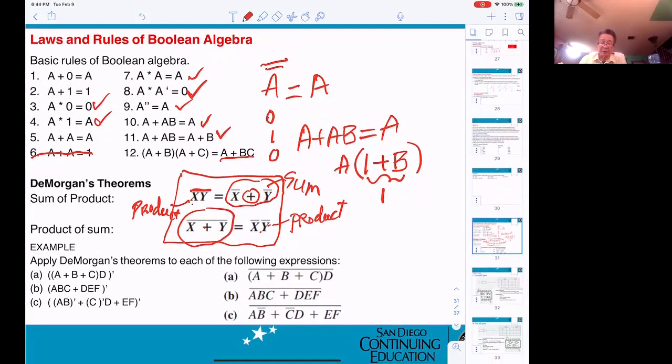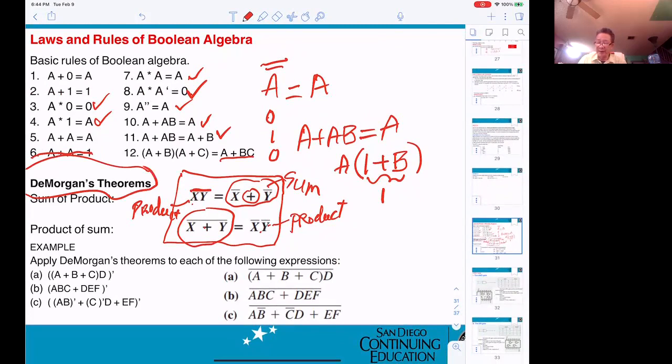Okay, so let's see. Apply the Morgan law. That's what we call the Morgan law, to the following expression.